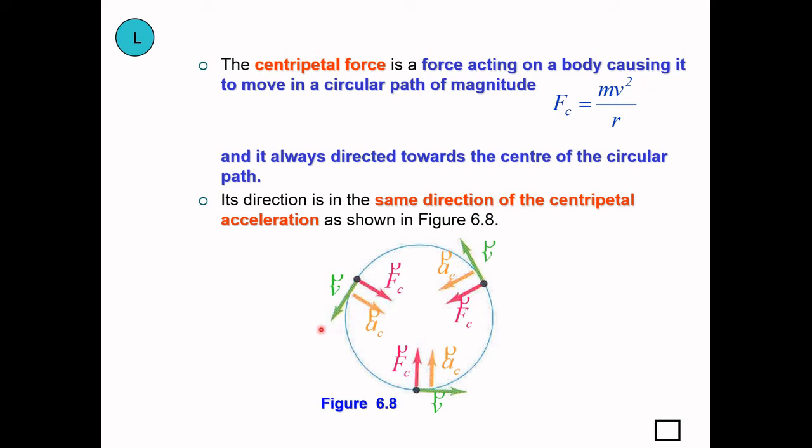As you can see in figure 6.8, the direction of centripetal force equals the direction of centripetal acceleration, and it is always acting towards the center of the circular path.